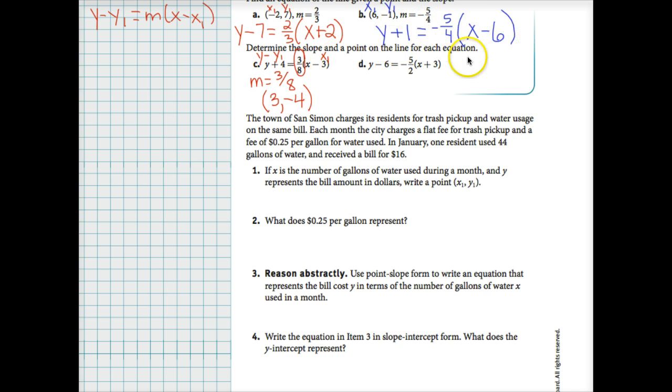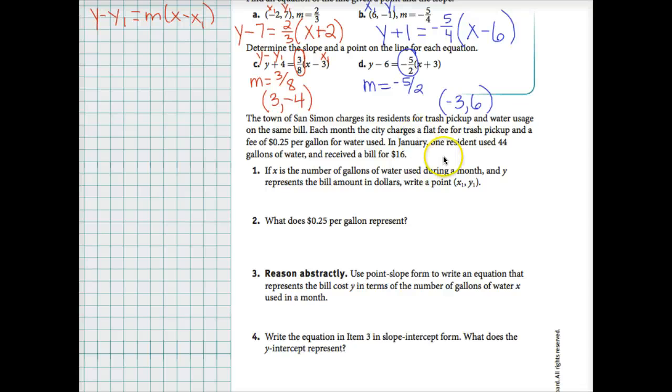So this should have been your equation there. Down here, we're just identifying the slope would be this guy, so -5/2. The point, remember we changed the signs. This is a plus, so my point will have a minus. This is a minus, so my point will have a plus, which is -3/6.